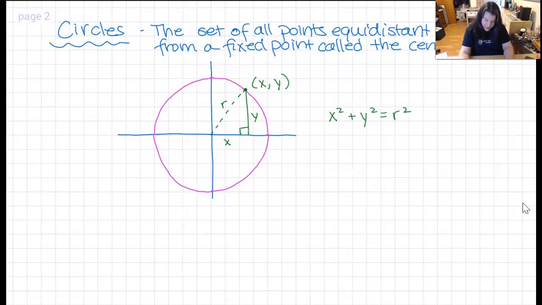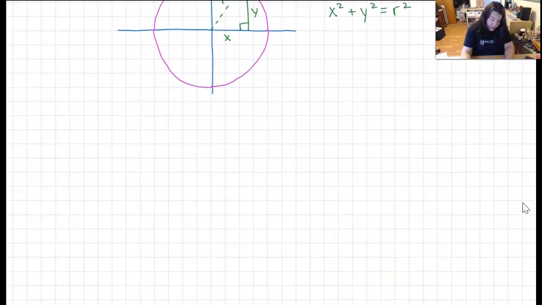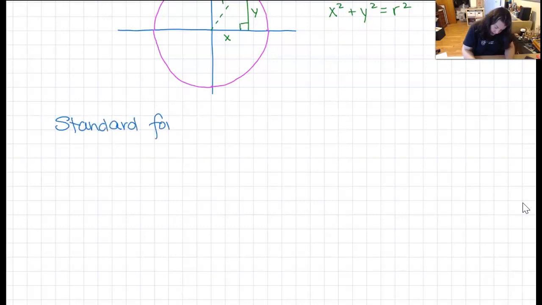Not very exciting. If we were to translate the circle, so we move the center off of the origin and put it somewhere else, then if we shift it by h and k units, h units left and right, k units up or down, we can come up with a more general form. And so, actually I should say standard form. So this is the standard form for a circle.